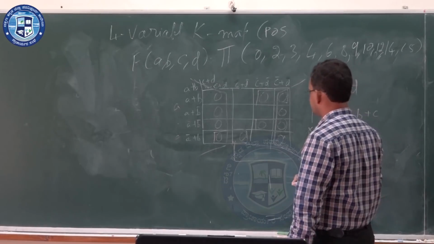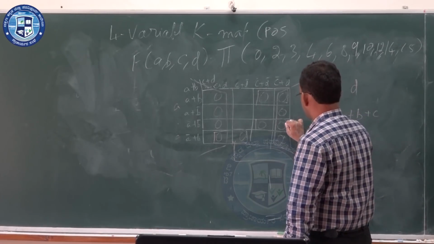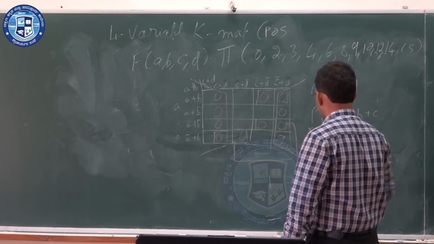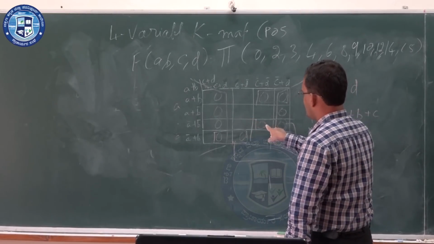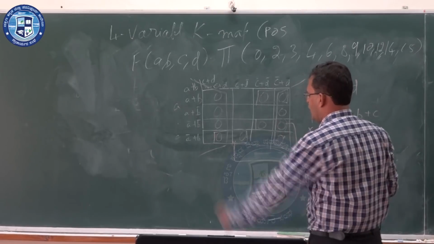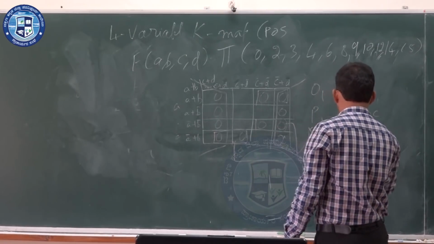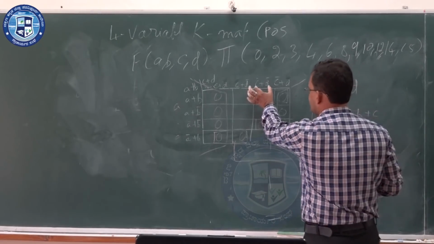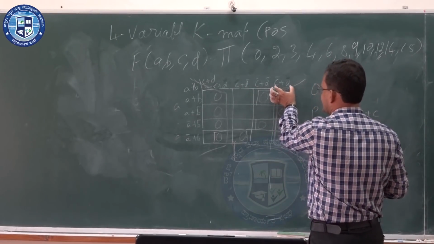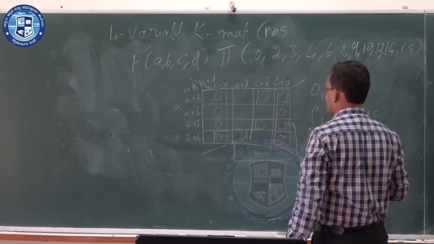Pair 2, this is the pair, here this one, that is the third row, third and fourth column. A bar plus B bar is common, plus C bar plus D bar, C bar plus D, C bar is constant.